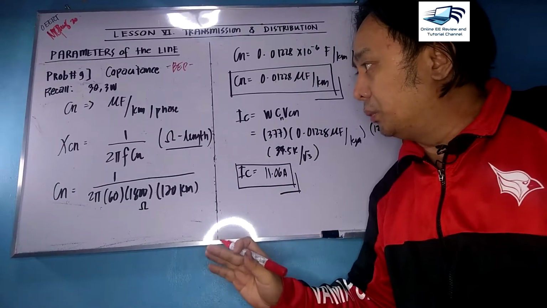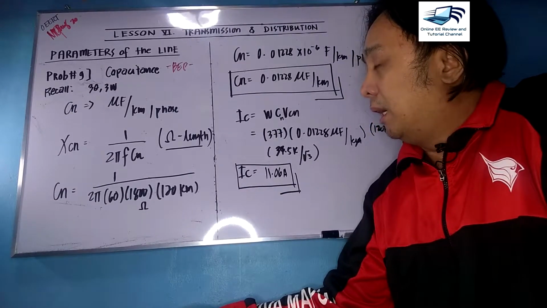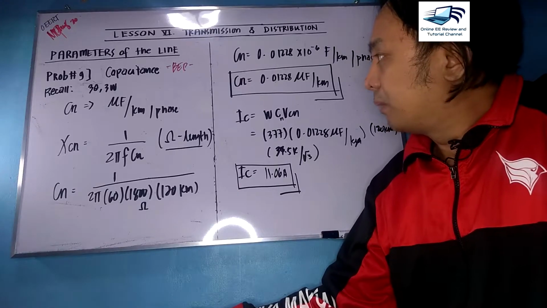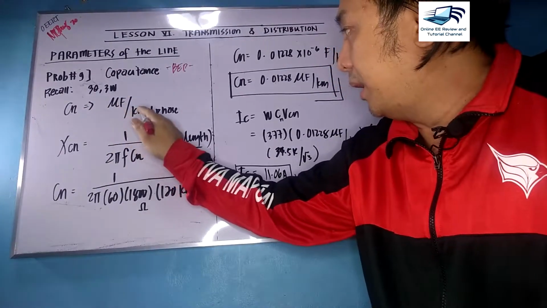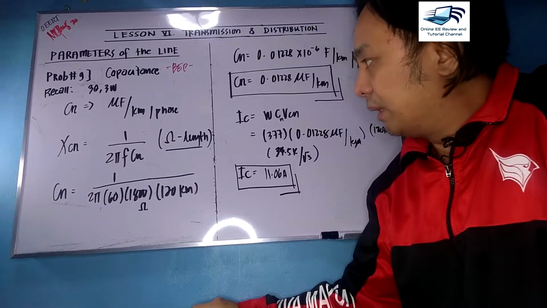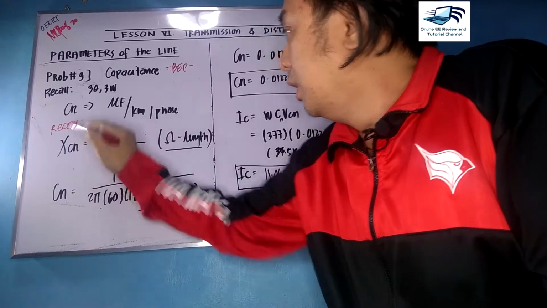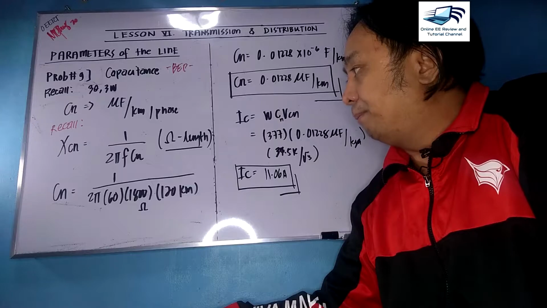And please take note, we can recall some things from our discussion on capacitance, but in terms of units. So the Cn required must be microfarad per kilometer per phase basis. And recall the equation for XCn, which is 1 over 2 pi f Cn.